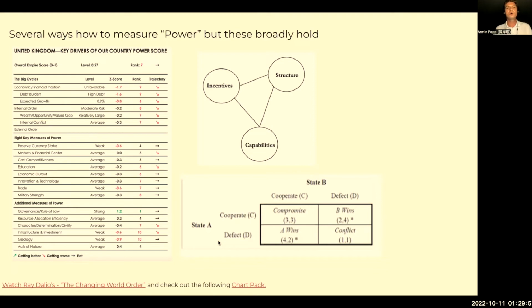You always cooperate or defect, depending on your position, which is an interplay of all this. If you heard this all for the first time, it might be a little bit confusing, which is why I linked Ray Dalio's video. They made it splendidly with loads of animations. There's also a fantastic chart pack that you can download. Both are linked in the presentation.